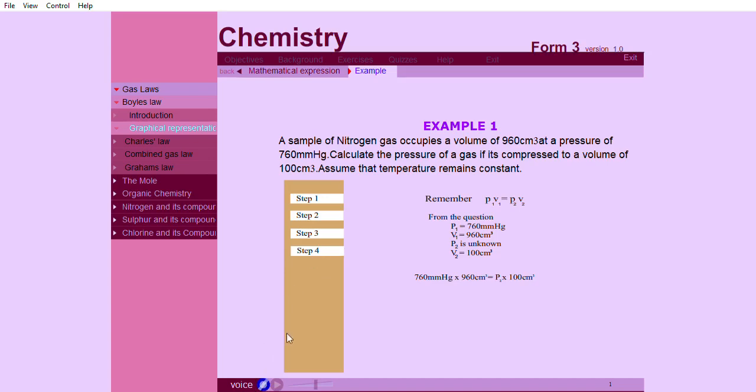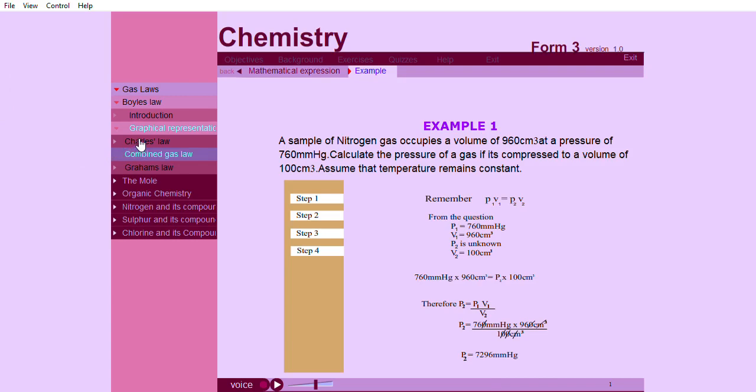760 millimeters of mercury multiplied by 960 cubic centimeters is equal to pressure 2 multiplied by 100 cubic centimeters. Make pressure 2 the subject of the formula. Therefore, pressure 2 is equal to pressure 1 multiplied by volume 1 divided by volume 2.